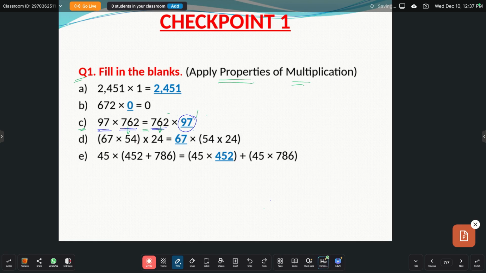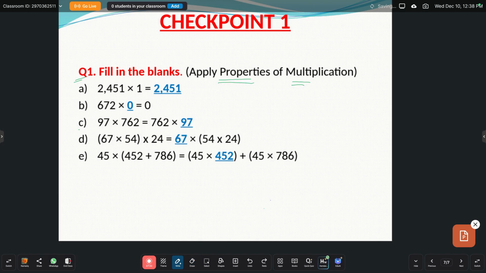How is it possible to get the same product here? It's possible only when we multiply this 762 to the same number to which this number is multiplied on the left side. Tell me beta, on the left side 762 is multiplied by 97. It means that here again I have to multiply this 762 by 97. Only then I will get the same product.